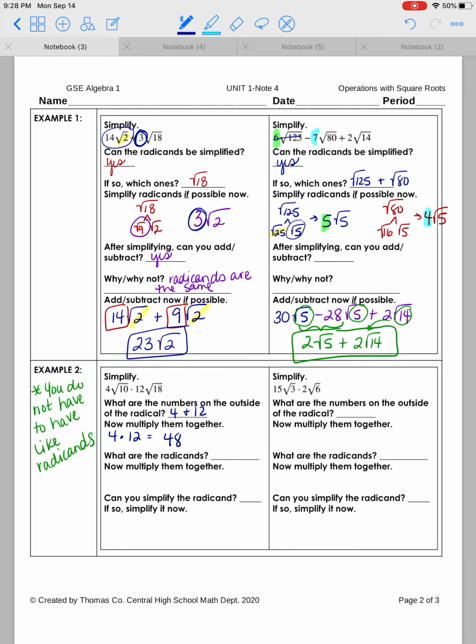And then my radicands, the square root of 10 and the square root of 18, I can multiply those together. And I'm going to get the square root of 180. So can we simplify the square root of 180? I'm pretty sure we can. So we're going to have 48 square roots of 180.